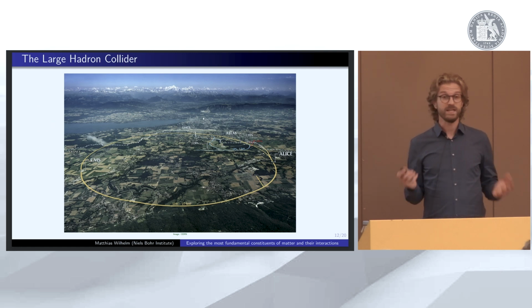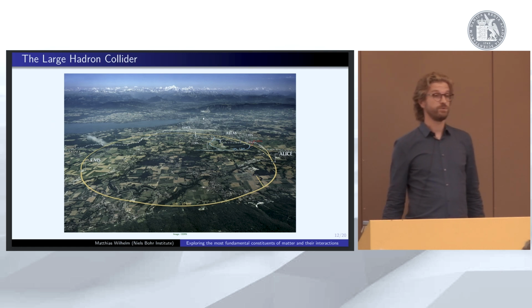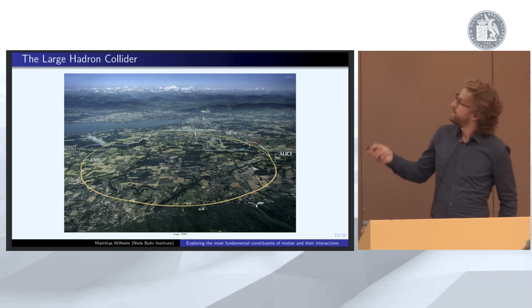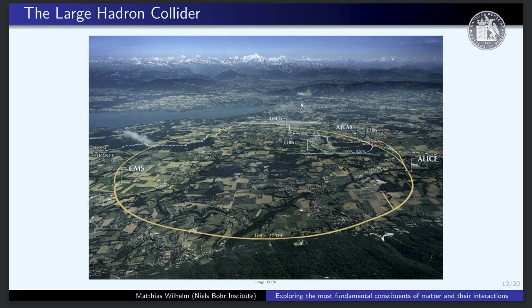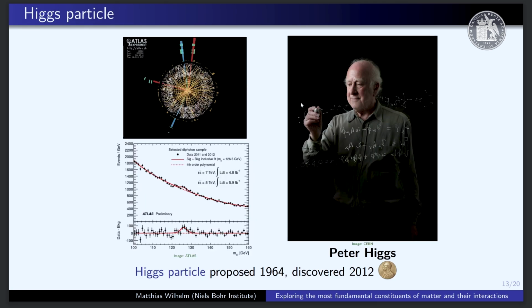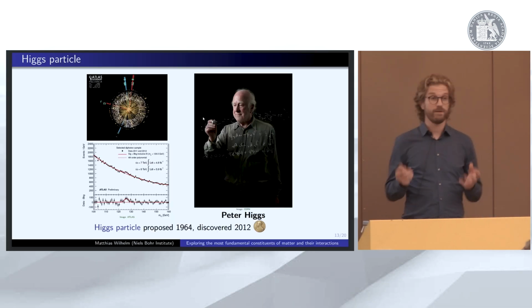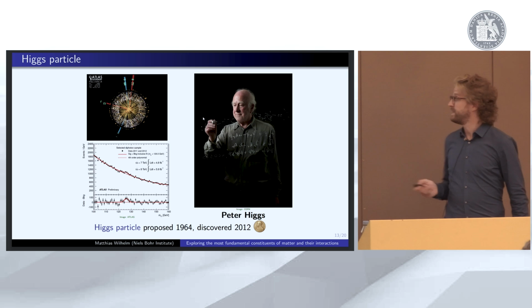To discover the Higgs boson, the Large Hadron Collider was built, an unbelievably large accelerator of particles to then scatter them, with a circumference of 27 kilometers. It took almost 50 years from the original proposal of the Higgs particle by Peter Higgs and others to its discovery at the LHC in 2012.